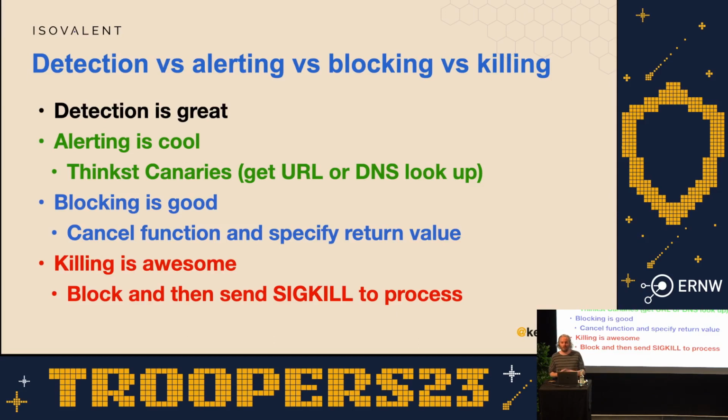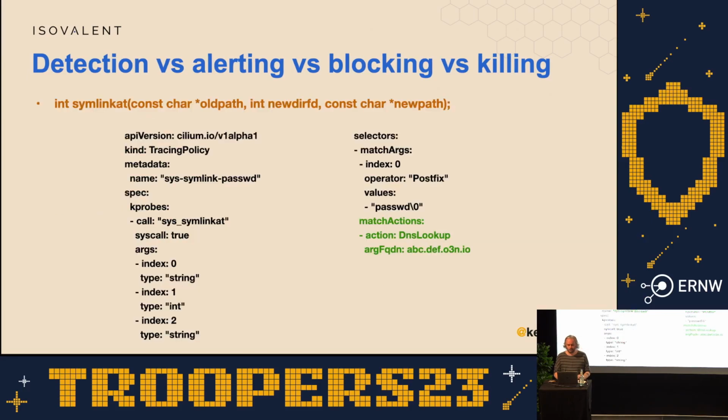So you don't think these things are exploited, you don't think they're running malicious code, you just want to limit what they can actually do. Well, you might want to just block those functions and allow the program to continue. So give it back an error code that tells it that it's not allowed to do that, like it doesn't have access, it's not got enough privilege, or whatever. So there are times when blocking without killing can be useful.